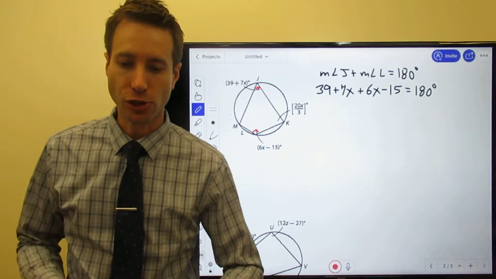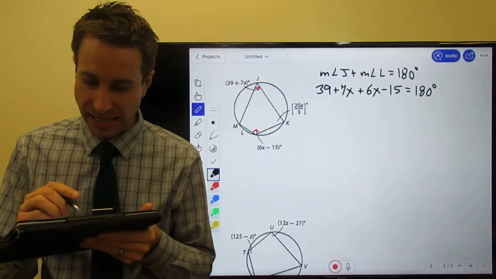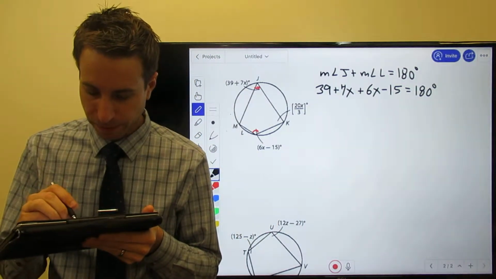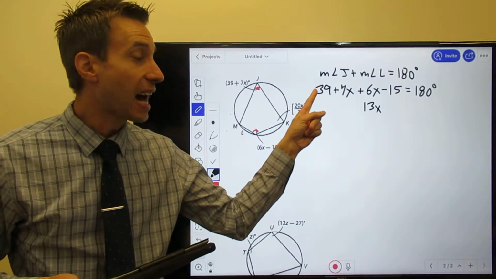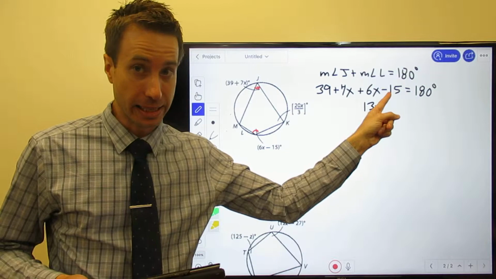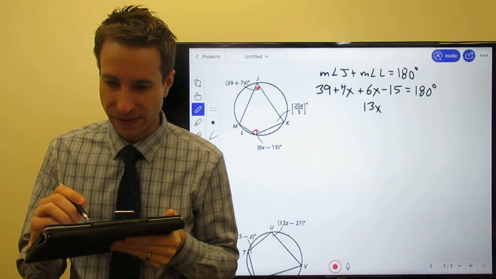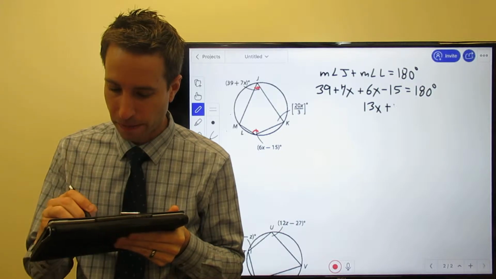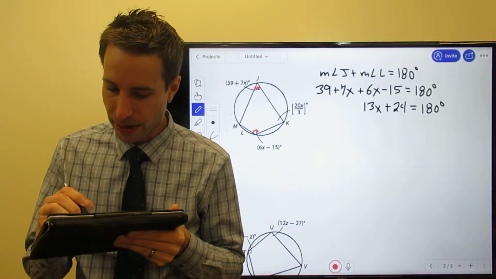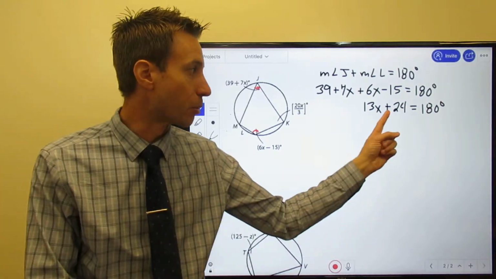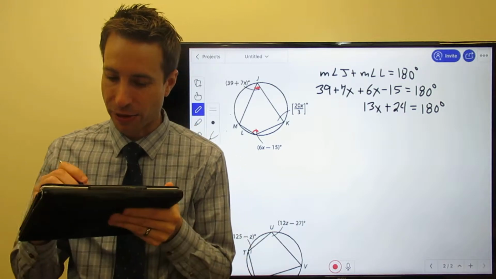Combine like terms, solve for x. 7x plus 6x is going to be 13x. 39, careful, minus 15. Don't accidentally add those together. It's minus 15, so you're going to wind up with 24. That's equal to 180. And then guys, from here it's really simple. Subtract 24, then we'll divide by 13.